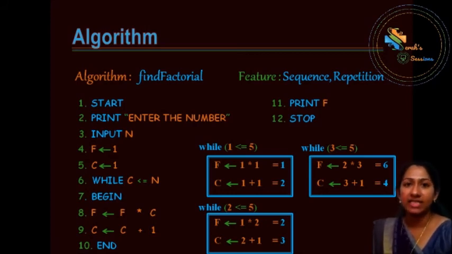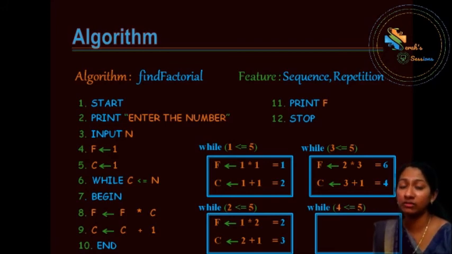You find the end statement. You go back to while, where while is checked with the new counter value against the number 5. So 4 is less than or equal to 5. Yes, it's true, right? So you get a new value for f and c. Again, f is calculated 6 into 4 equal to 24, and c is calculated as 4 plus 1 equal to 5.